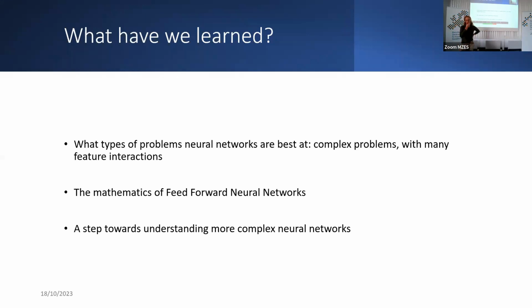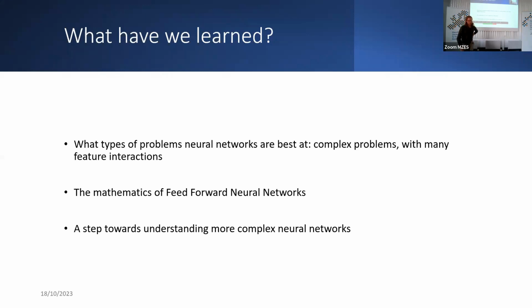And tree-based models, this isn't a beginner's introduction to tree-based models for social scientists, so we're not talking too much about that today, but they can also do this interaction effect. Okay, then why ever use neural networks? Why not always use tree-based models?